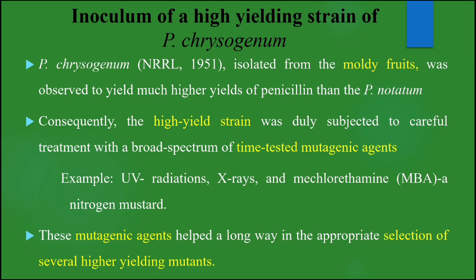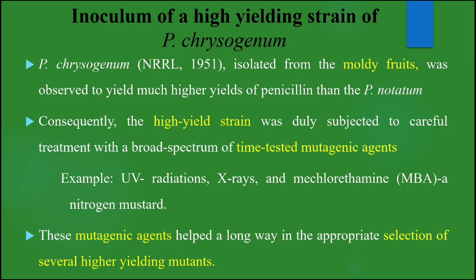Inoculum of high-yielding strains of Penicillium chrysogenum. Penicillium chrysogenum NRRL 1951, which was isolated from moldy fruits, was observed to yield much higher amounts of penicillin than Penicillium notatum, the original isolate.